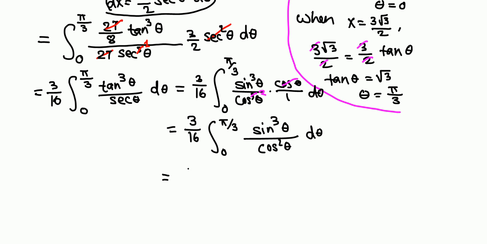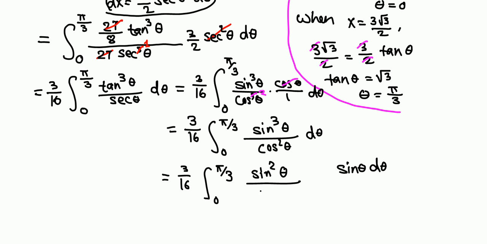So let's do that. 3 over 16, 0 through pi over 3. From sine cubed, I want sine squared, and I want to leave a copy sine theta with d theta, and on the bottom I have cosine squared theta. Now I want to convert sine squared in terms of cosine, so this will be a function of cosine, and we let u be cosine.